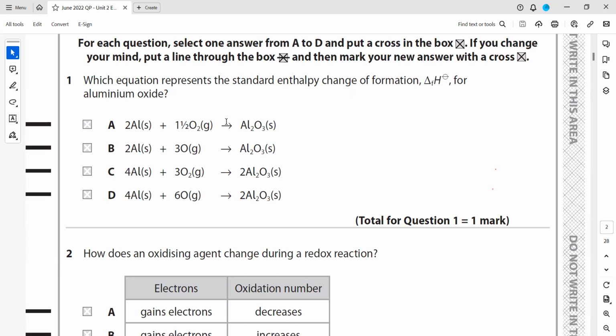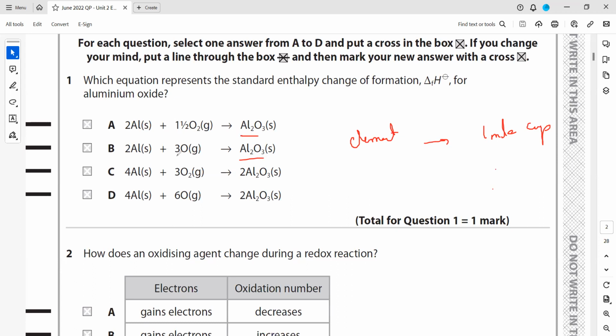Which equation represents the standard enthalpy change of formation? For a formation, the standard enthalpy change from elements, we should get 1 mole of a compound. So 1 mole of a compound, here 2 moles. So either A or B can be an answer because of 1 mole of a compound. And from elements, it should be formed.